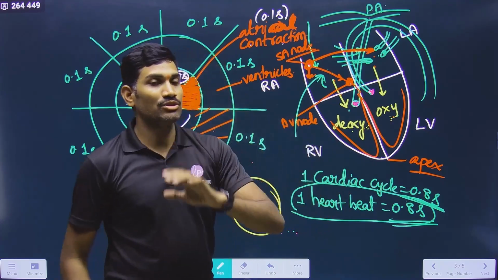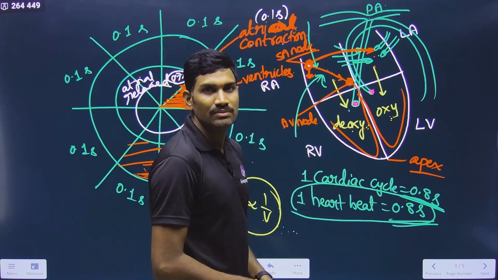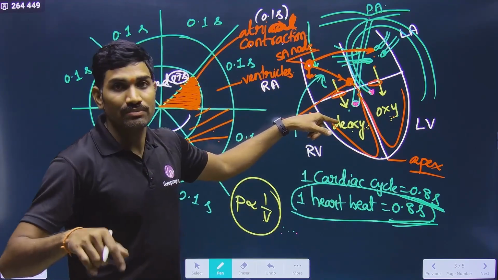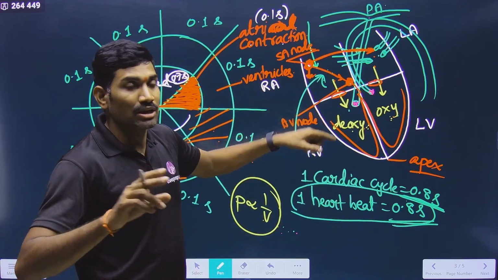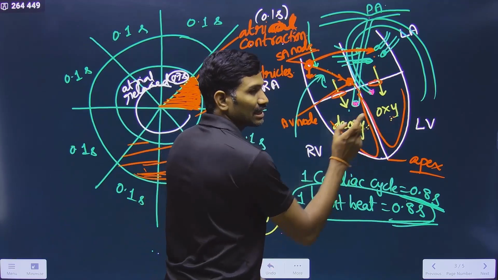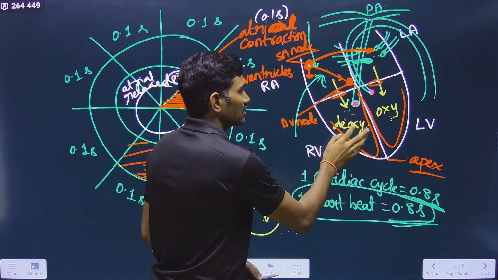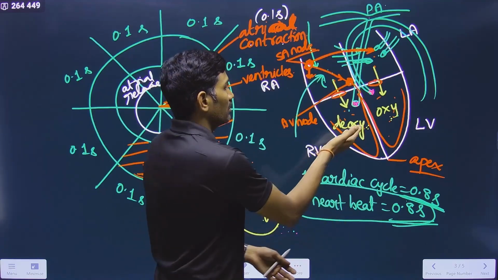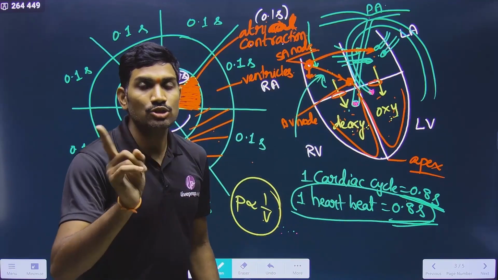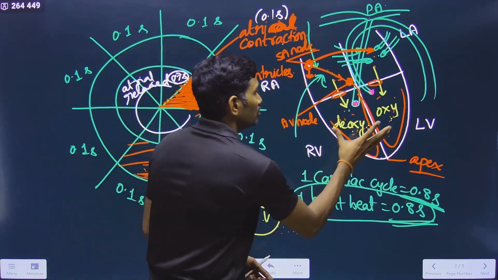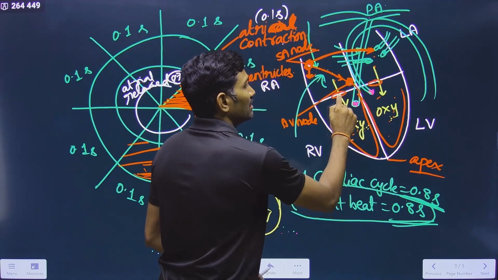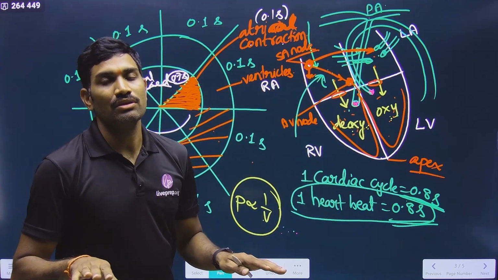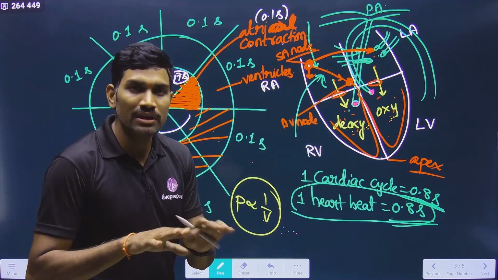And now what happens? Observe carefully. Already blood is present in this, and there are valves here. Till now these valves are open. But now when ventricles are undergoing contraction, imagine blood is present in this. If these valves are not closed, it will go back again. That should not happen. So that's why during ventricular contraction, tricuspid and bicuspid valves should be closed.